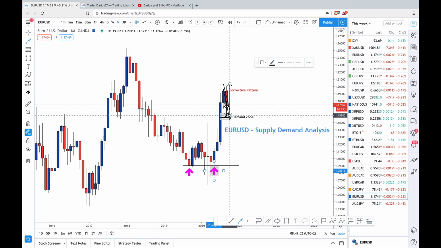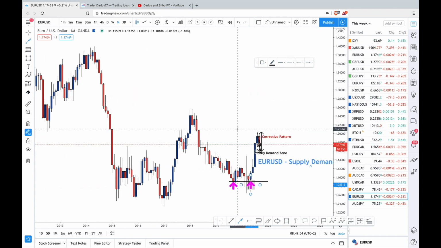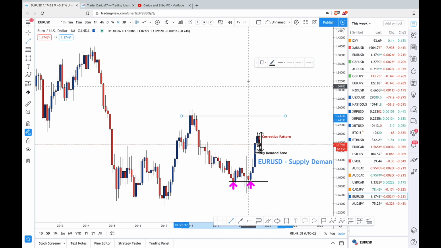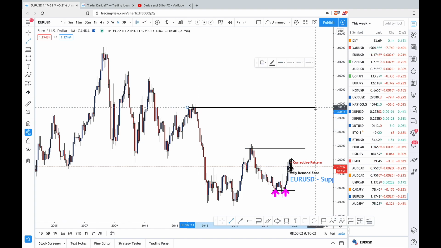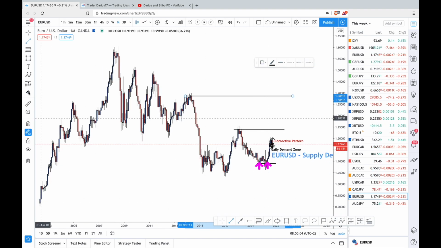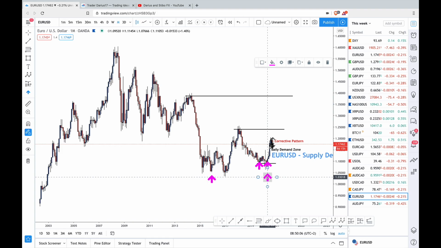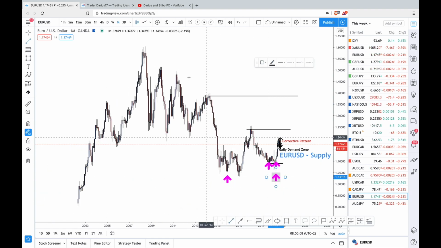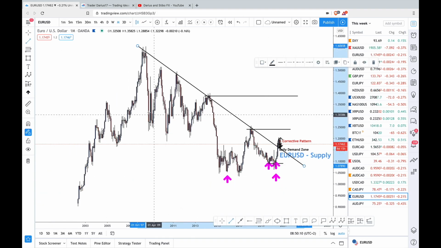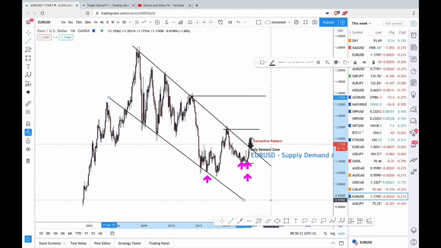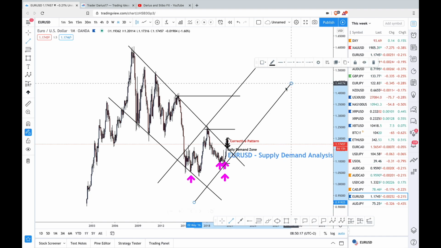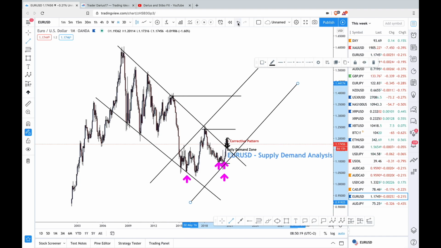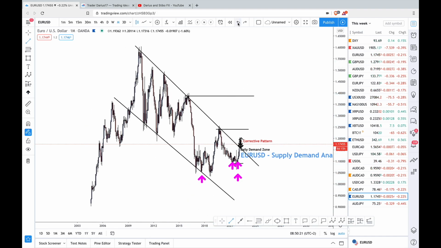And then afterwards we're going to expect the next impulsive move to the upside, which will bring us till this monthly resistance or even higher, because my extended TP is still over here, because I see here a major W formation, plus we got the trend line break, so break of this trend channel, and we're going to create a new uptrend channel. But I already told you this in the past YouTube videos.